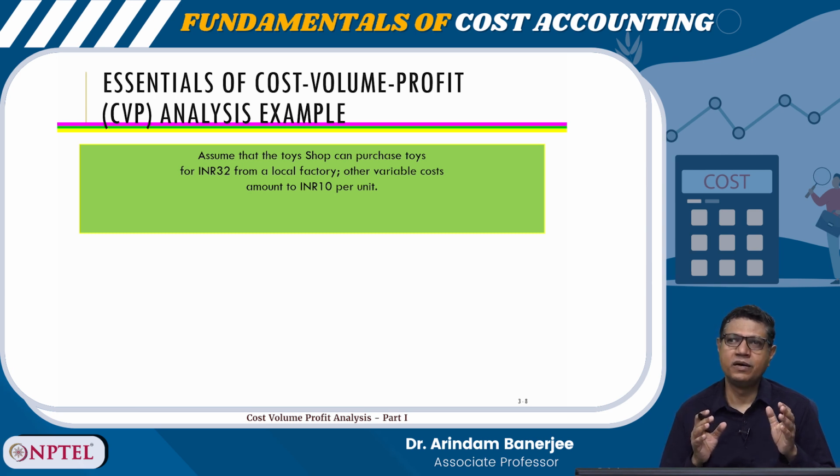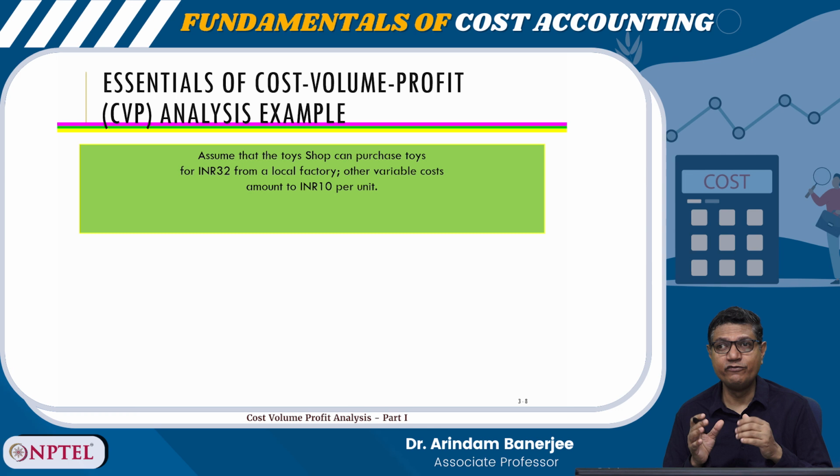So, there are basically two categories of costs. One is fixed cost, the other one is the variable cost. There is a third category which is actually the mix of variable and fixed cost, that is partly fixed, partly variable, which is called the semi-variable cost, right.